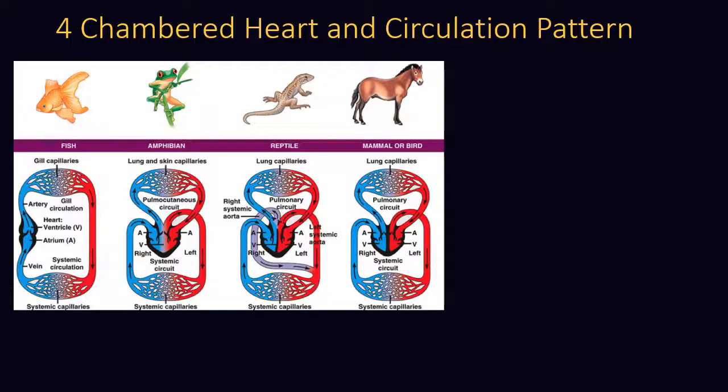Another thing that separates mammals from most reptiles, and I say most because birds have the same thing, is we have a fully four-chambered heart. If you've taken anatomy classes, you've heard the right atrium, the left atrium, the right ventricle, the left ventricle. What you may not know is that that is a special mammal or bird thing. If we look at most reptiles, for example, they don't have fully separated ventricles.